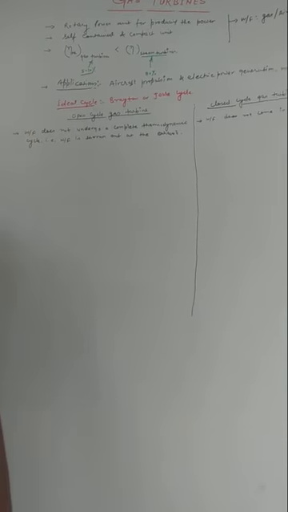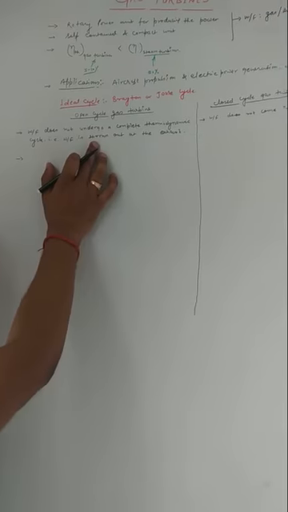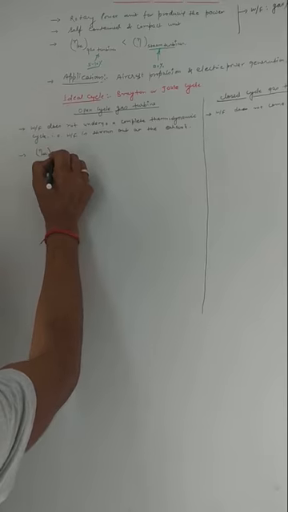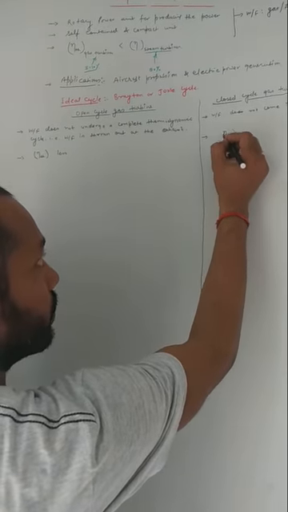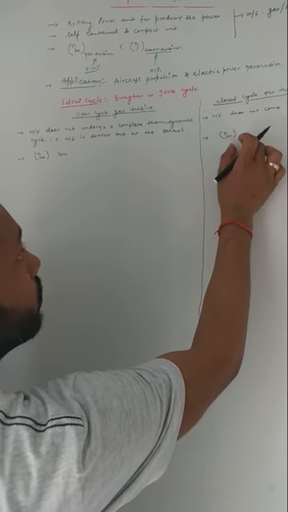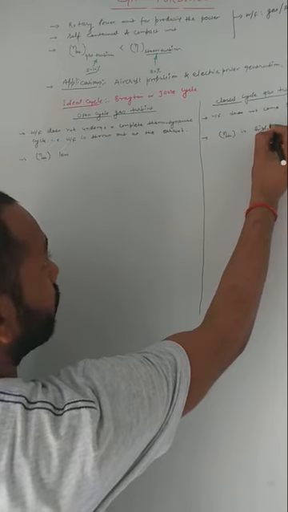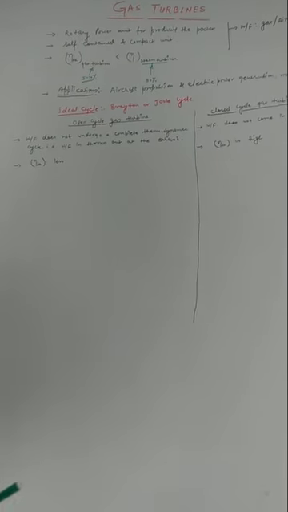Okay. The next point is that the efficiency of open gas cycle is lesser. Thermal efficiency is less, whereas the thermal efficiency of the cycle in case of closed cycle is high, because the mass flow rate here is decreased as the working fluid is contained and recirculated again.